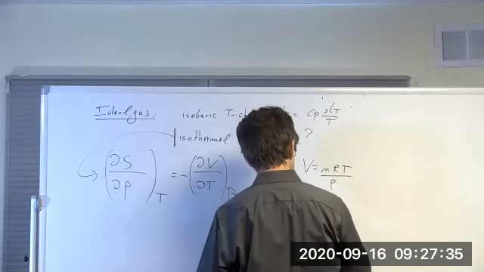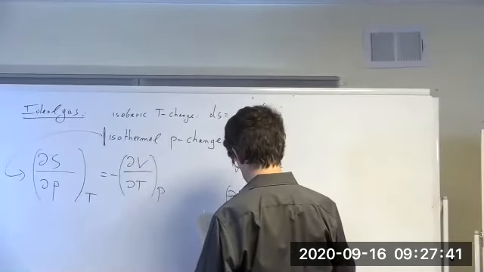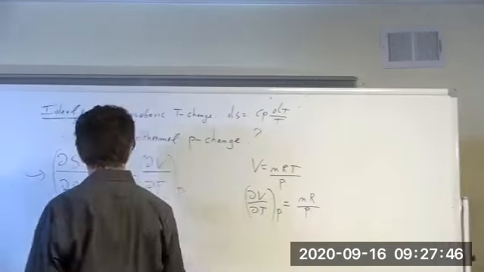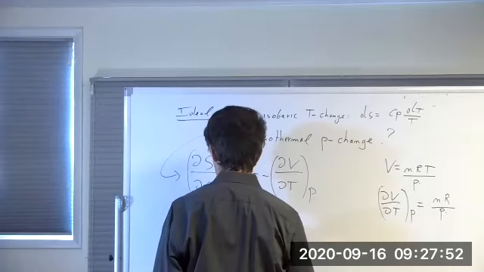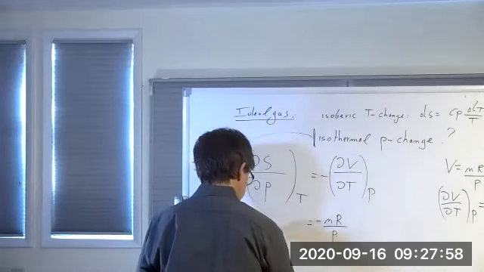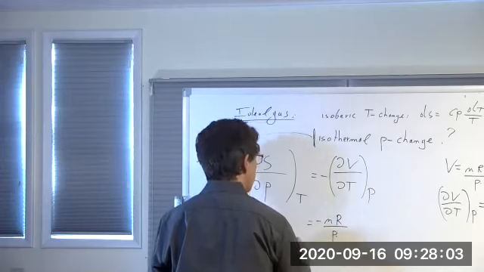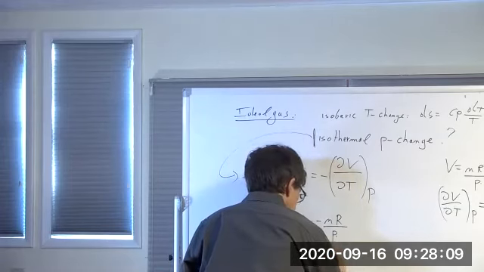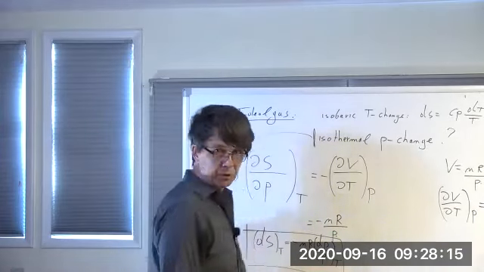So dV/dT at constant P is nR over P. So this here equals minus nR over P. Or if I break open the differential now, what I'm telling you is that dS at constant temperature is minus nR dP over P at constant temperature, which is what we found the last time.